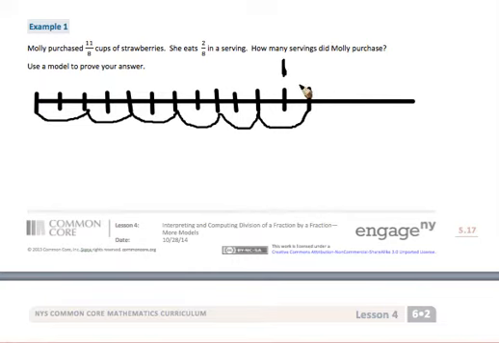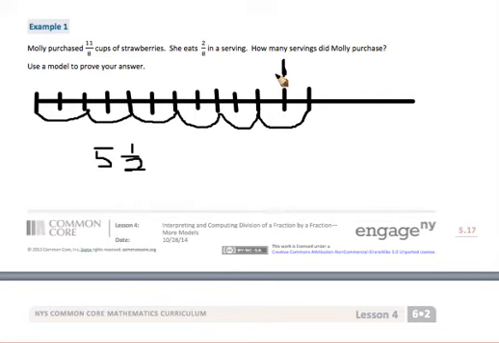And we do not have the other part of this serving. So we have 1, 2, 3, 4, 5 full servings, and then 1 piece, or 1/8, of the 2/8 that we would need for the second serving. So 1 out of 2 pieces that make up a full serving would mean that we have a half of a serving.